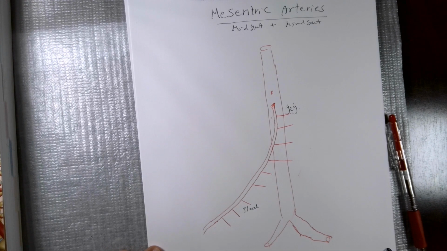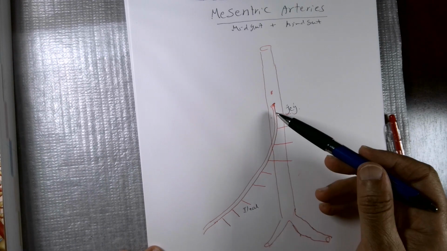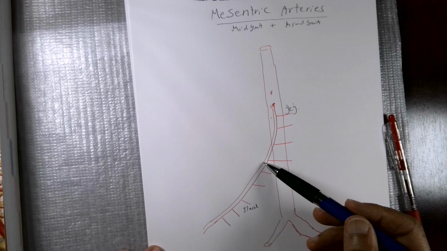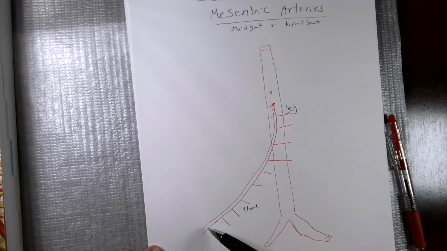Okay, they are traveling between the two layers of mesentery, and the superior mesenteric artery is traveling through the root of the mesentery. If you remember, the mesentery is a peritoneal fold of the small intestine.